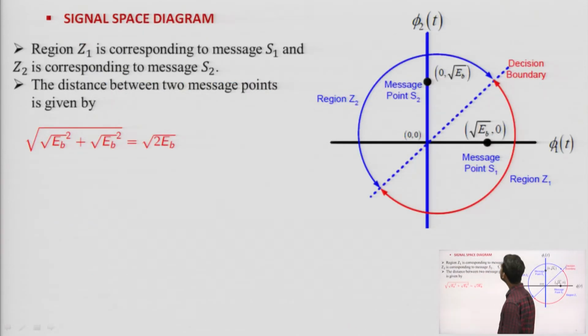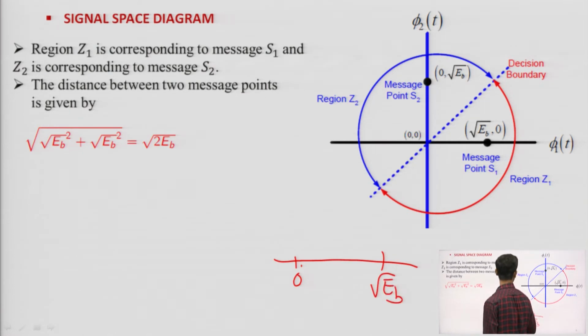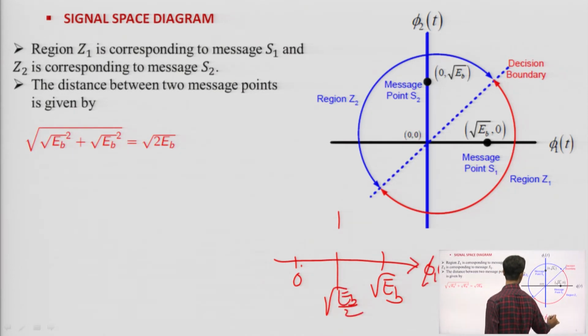Now we will move to the signal space diagram. In ASK, this was the 0 point, this was root EB, and this was the threshold point, root EB by 2, along phi 1(t). But in the previous slides we have seen that it is a 2-dimensional message point.